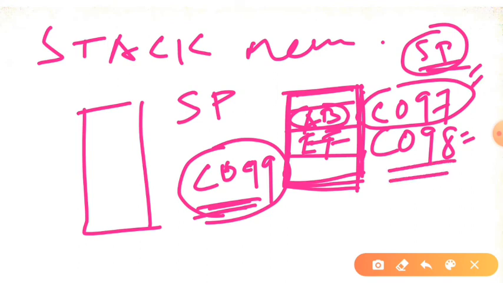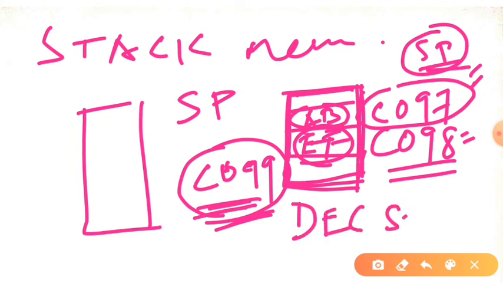So now my stack pointer becomes C098. Next, if we want to retrieve something again, we retrieve this item, and again we increase the stack pointer. So in case of storing something in the stack, we need to decrement the stack pointer and then store.